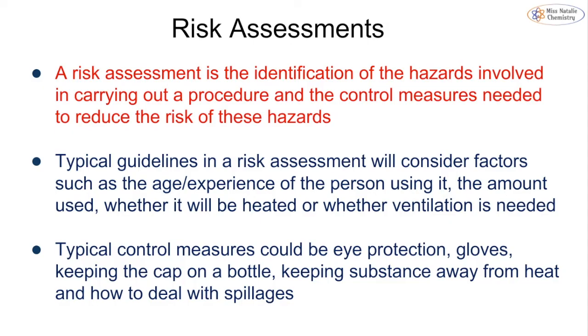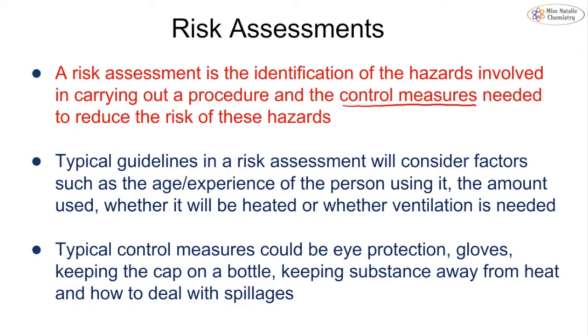So we have to look at what control measures we use. So, for example, we might be thinking about, in a risk assessment, the age and the experience of the person using the substances. So if you've got someone that is very experienced, they're unlikely to make the same mistakes as someone who has never met this particular chemical before, or they're just brand new to using it.